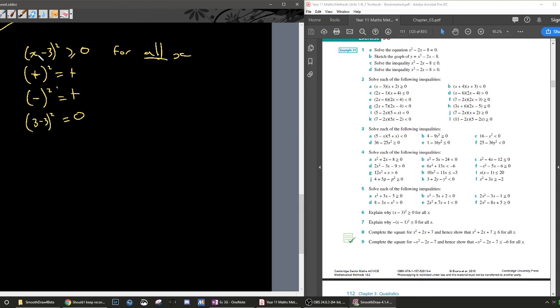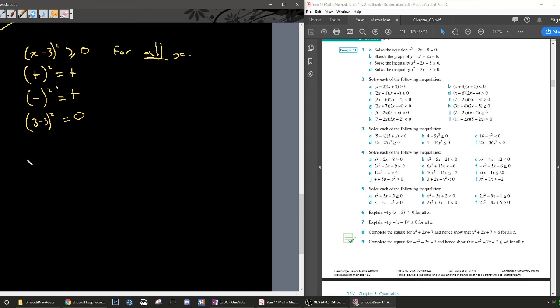Or if we put a 3 in here, 3 minus 3 is 0, all squared is 0. So this will always be true, because we square it, so our y will always be greater than or equal to 0. And question 8 is going to have a very similar theme.